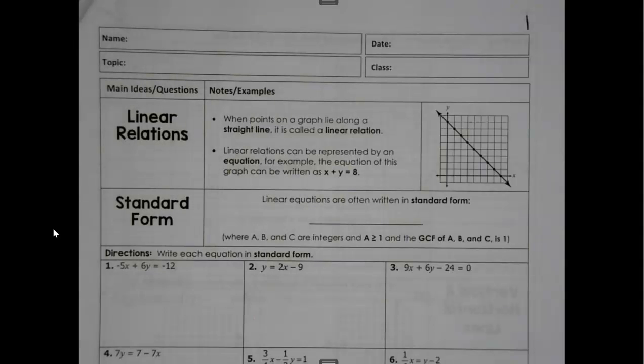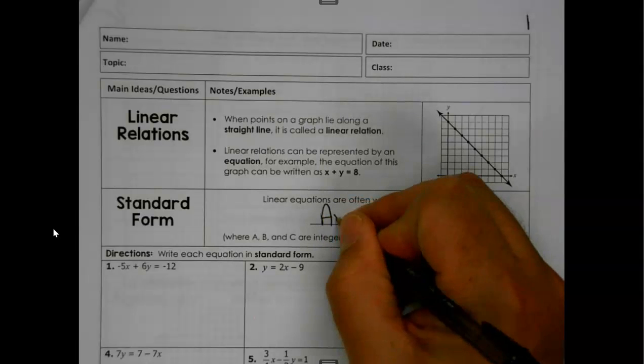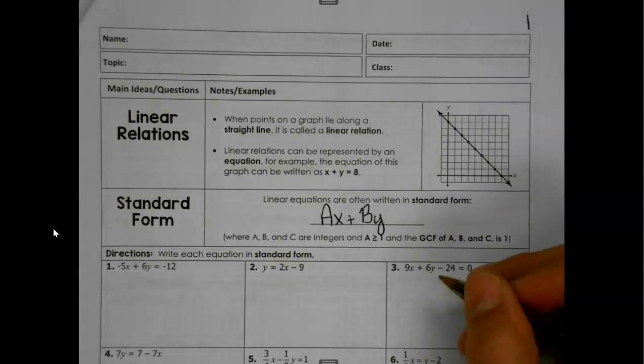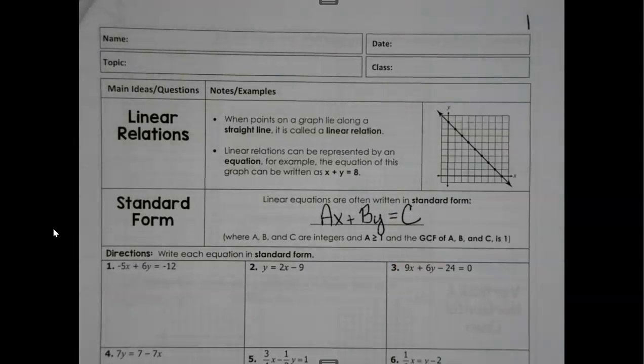Now, the first form we are going to look at is what's called standard form. Now, a couple things to know about standard form besides the fact that there's going to be a whole lot of variables here. So we got to explain what all the variables are.